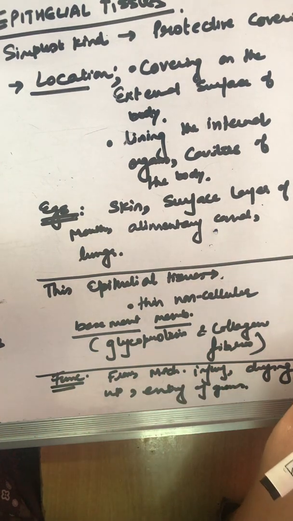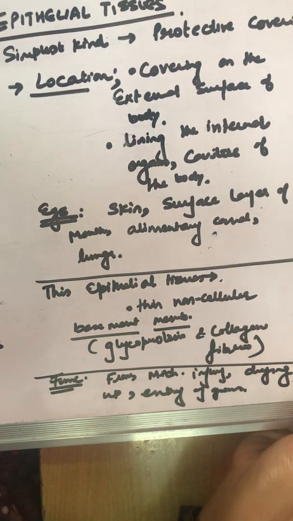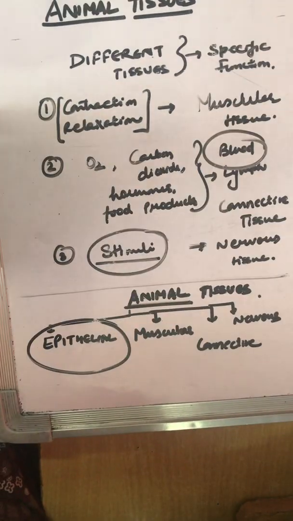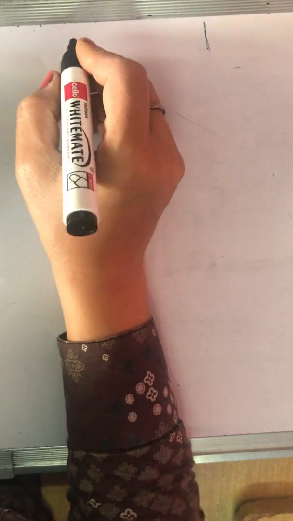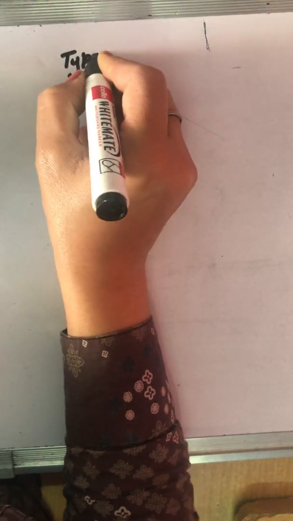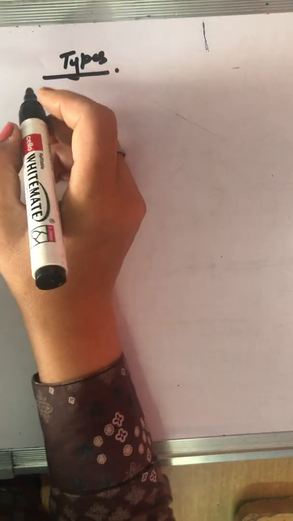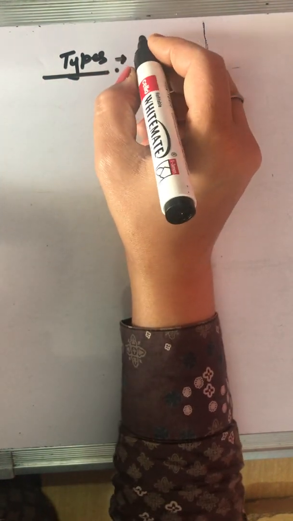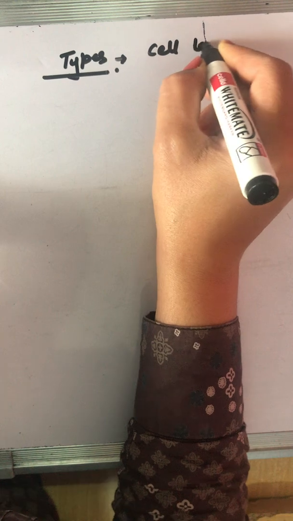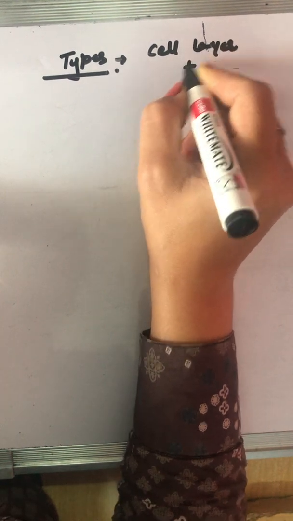Coming to the types of epithelial tissues. Based on the layers and the types of cells it has, epithelial tissue is further divided into types. Clear? Moving to its types, basically on the cell layer and shape.